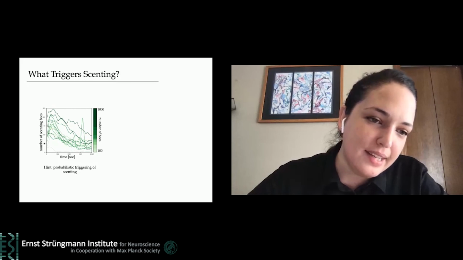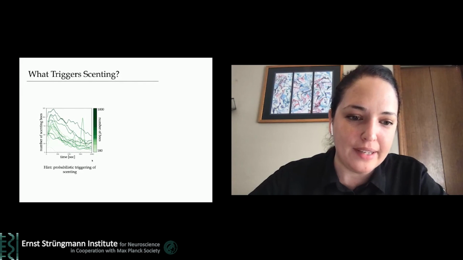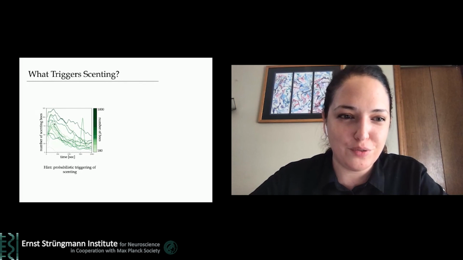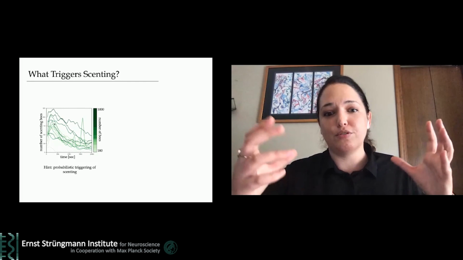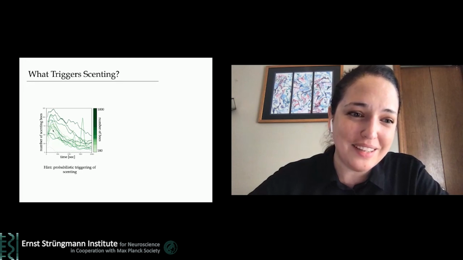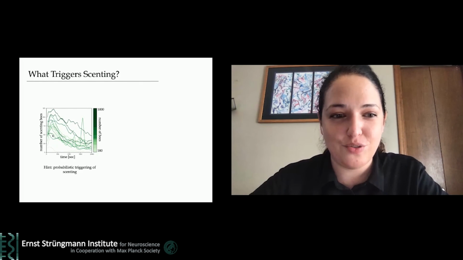The reason I'm saying that is when we plot the number of scenting bees on the y-axis versus time, and the different shades of green correspond to different numbers of bees in our experimental arena, we see that it's proportional. So a fraction of the bees is going to be bees that are scenting.